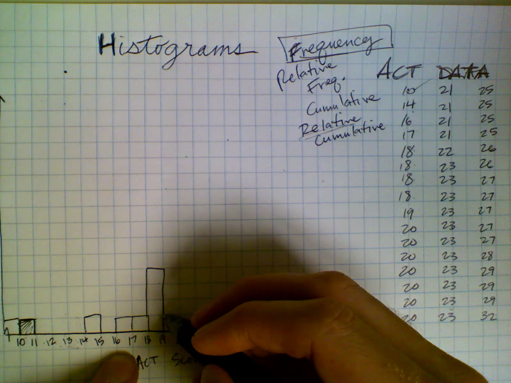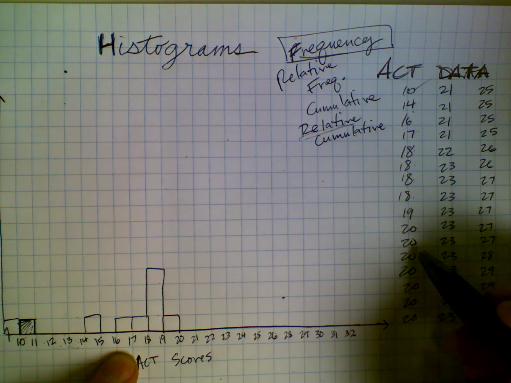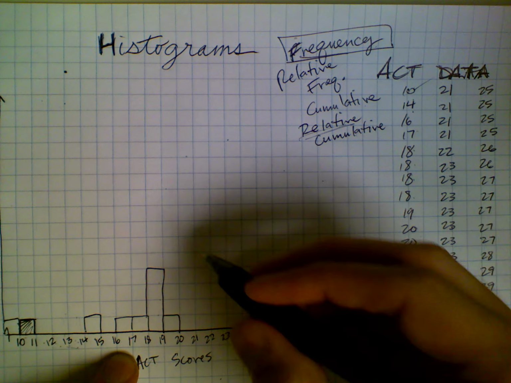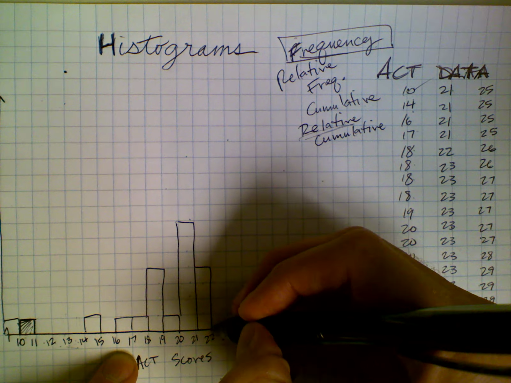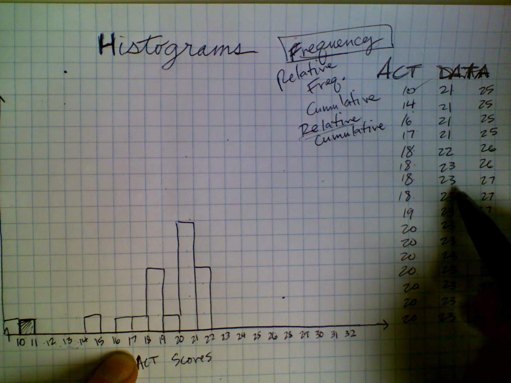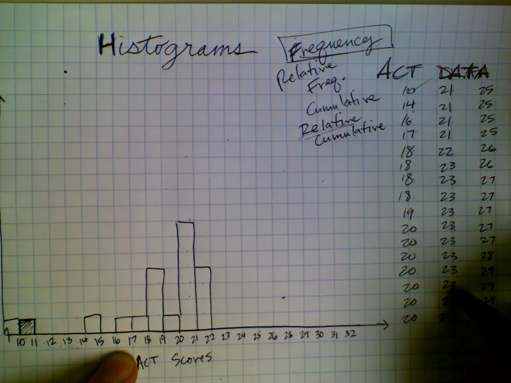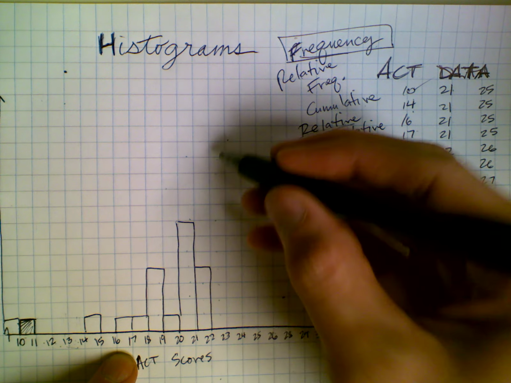I have one 19. Seven 20s. Four 21s. And 23s: 1, 2, 3, 4, 5, 6, 7, 8, 9, 10, 11.